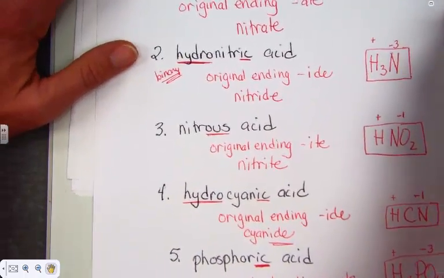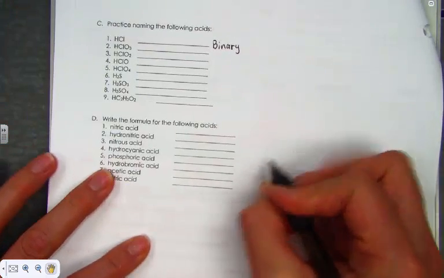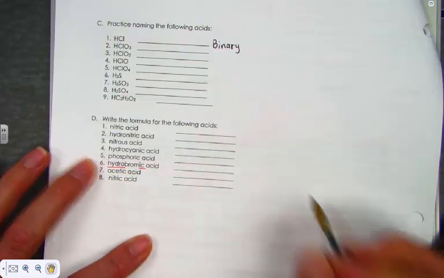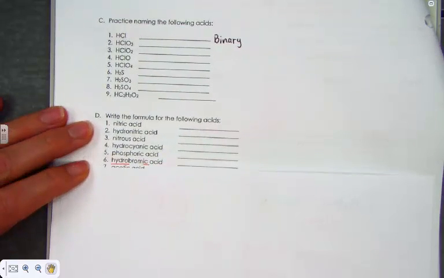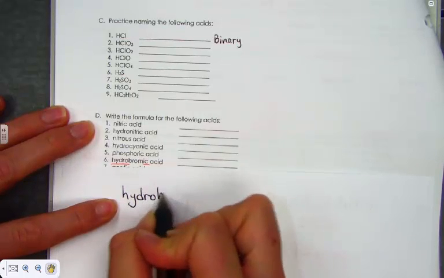How about number 6? Hydrobromic acid. I'm seeing here hydrobromic. Hydro, root word, ic.